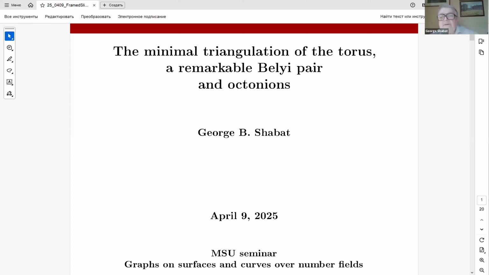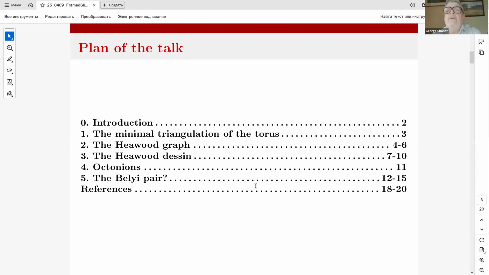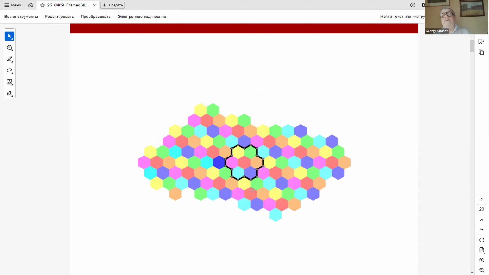So now it's time to start. Hello, everybody. You see the title of my talk, and before we turn to the plan, please look at the art object, the mathematical meaning of which is at the moment perhaps not quite clear, but from the point of view of visualizing the objects we are going to speak about, it is the central one.